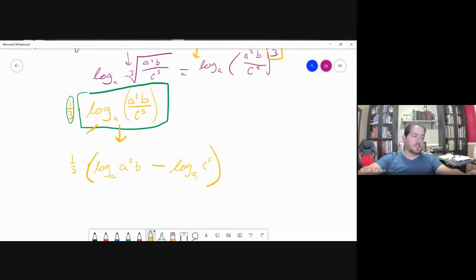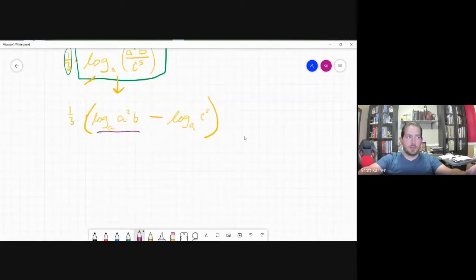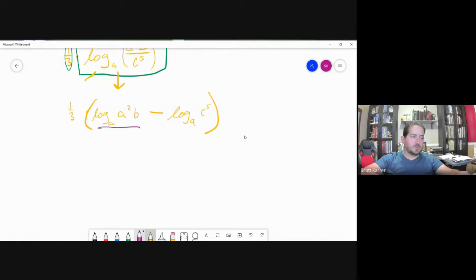Furthermore, this first log expression is a product that I can break up. And so I still have this 1/3 hanging out here, multiplied by what happens here. Well, this is now the log base a of a squared plus the log base a of b minus the log base a of c to the fifth.